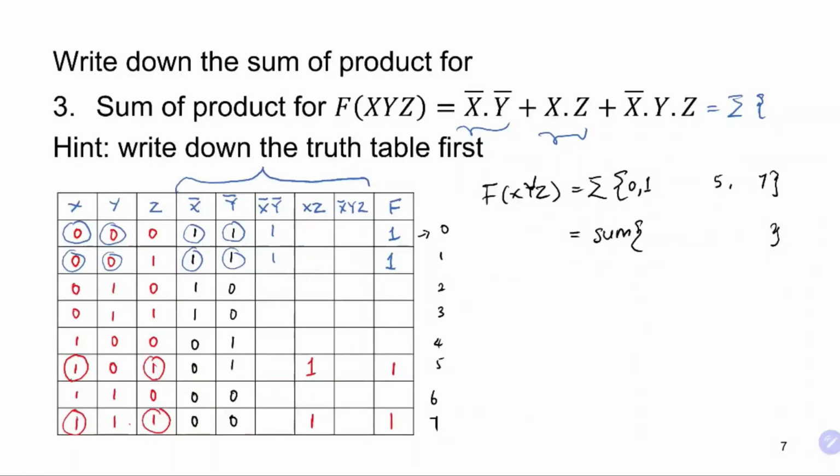Someone says 3. Others, do you know why 3 is missing? My truth table, X bar, this columns here, X bar, Y, and Z. These 3 columns need to have a 1. There will be this. I'll go 1.